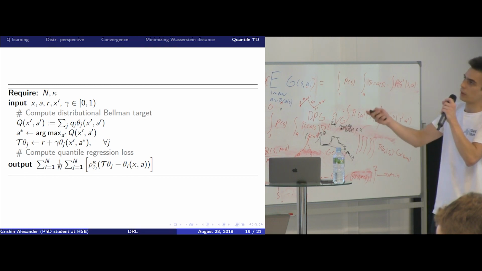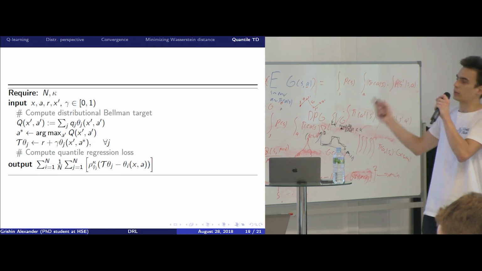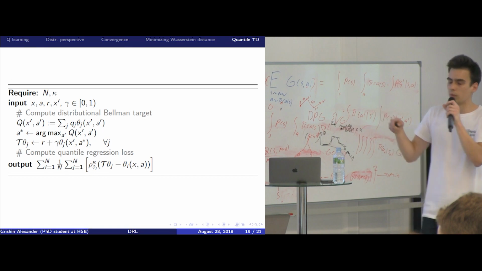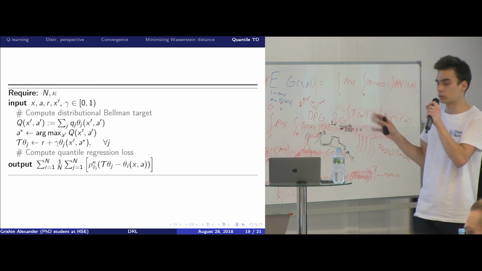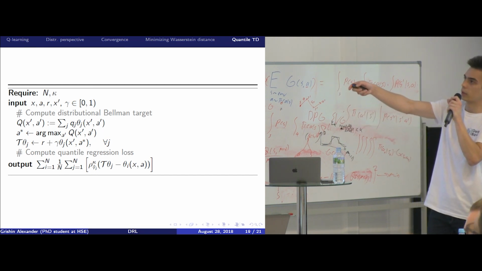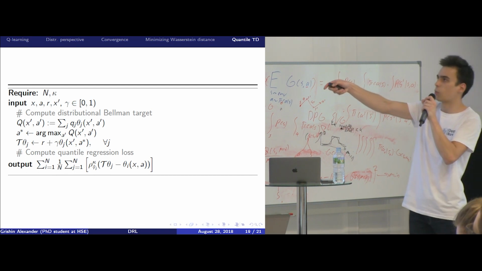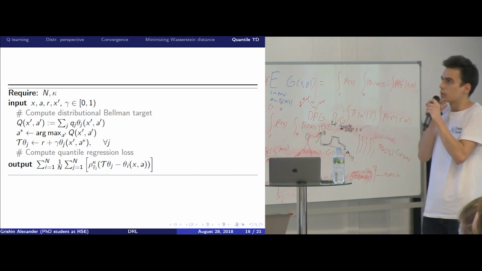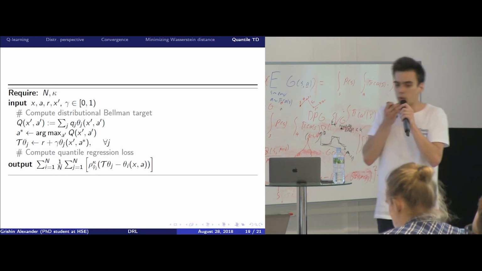Then the algorithm. We get some sample from some policy, which consists of state, action, reward, and next state.